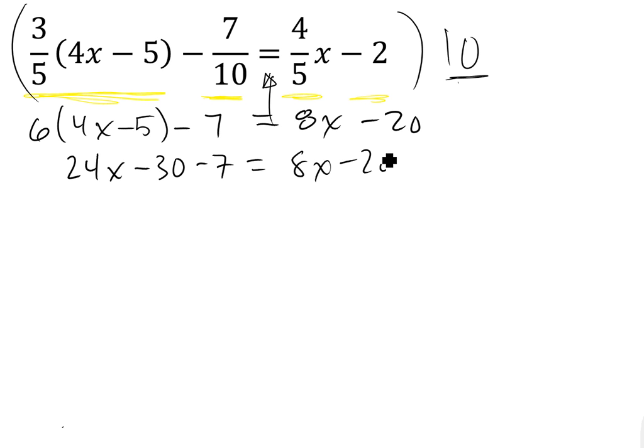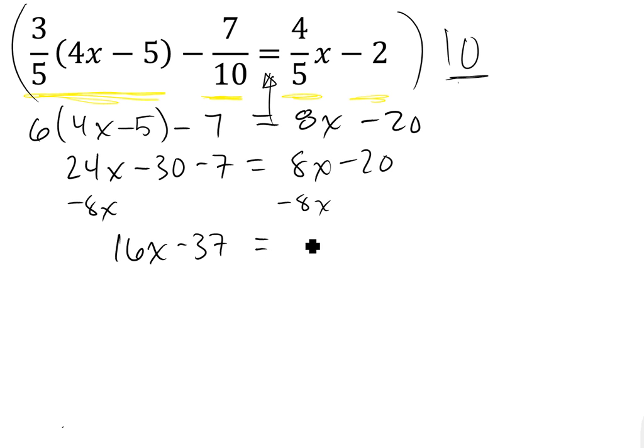Next, I'm going to subtract 8x from both sides, getting the variable term on the left-hand side. 24 minus 8 is, what is that, 16? So I've got 16x, and I've got a minus 37 when I combine those.